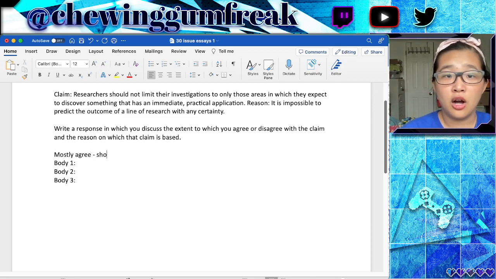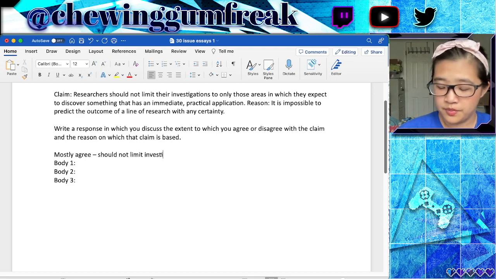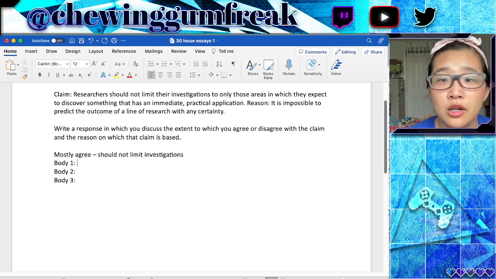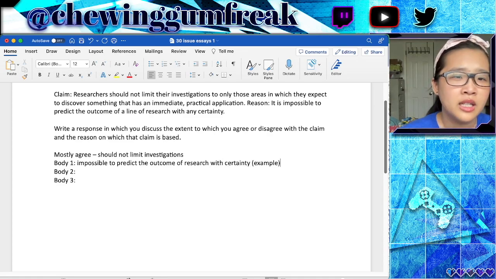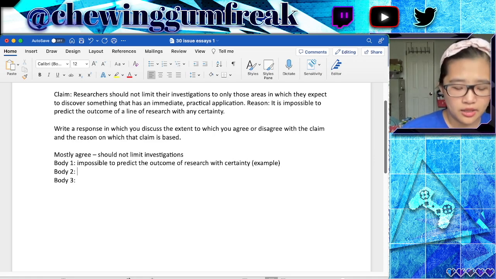Should not limit investigations. So the first body paragraph, I definitely want to talk about the reason. So definitely impossible to predict the outcome of research with certainty. And then some sort of example. I don't have something that comes to mind quite yet, so I'll leave that blank. What I'll do with paragraph 2 is kind of expand on that.